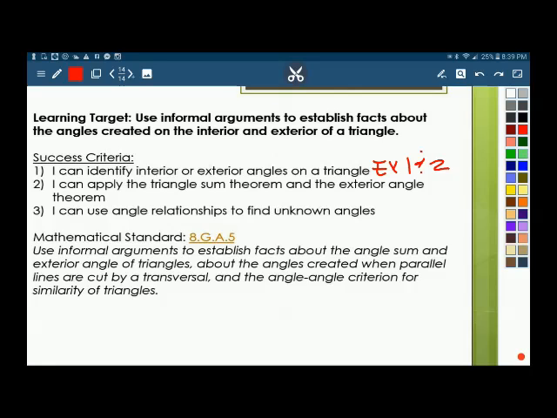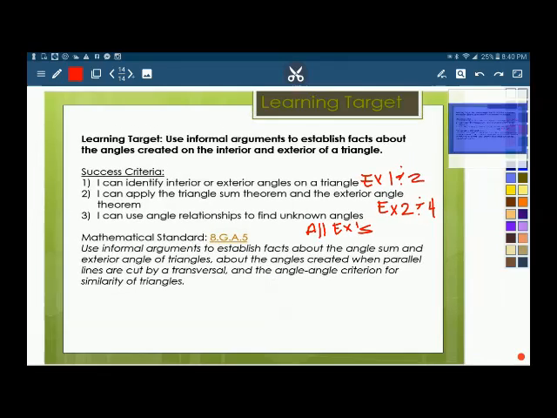That was also on example, I believe we did 2 and 4. And then throughout the entire thing, so all examples, we were using angle relationships to find those unknown angles in each of the triangles.